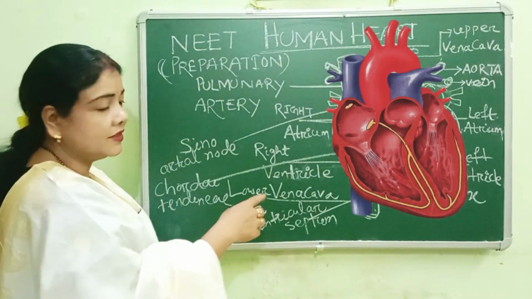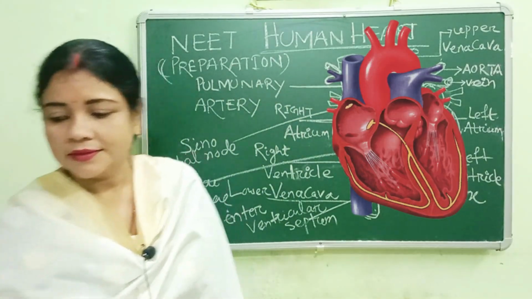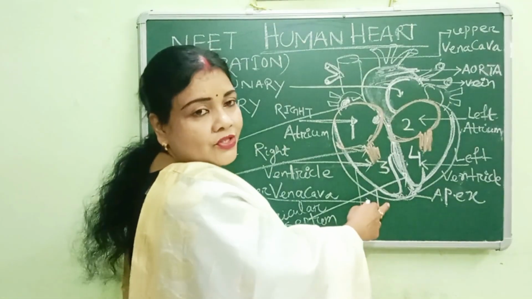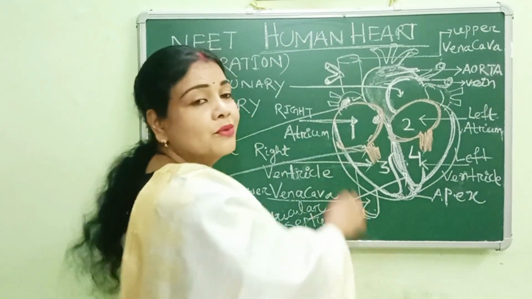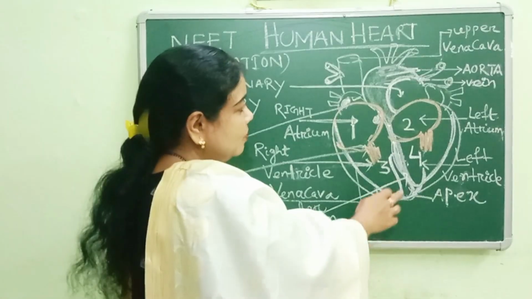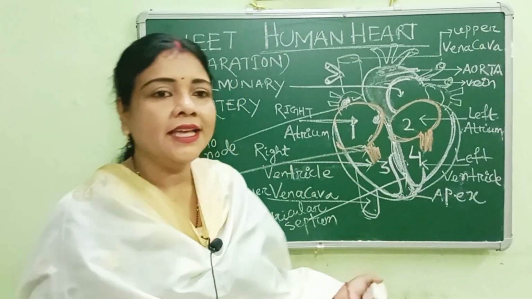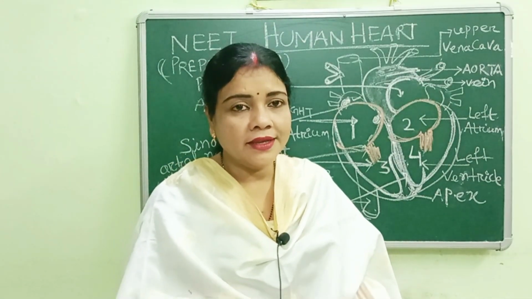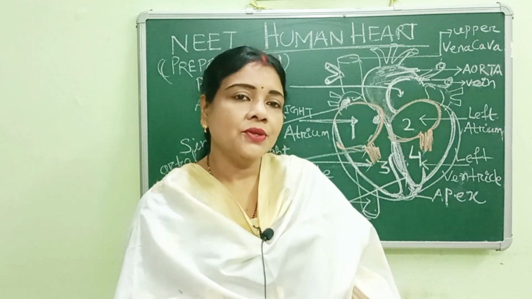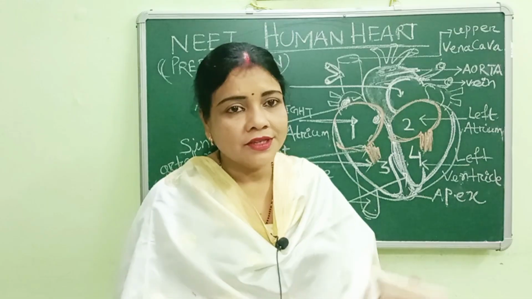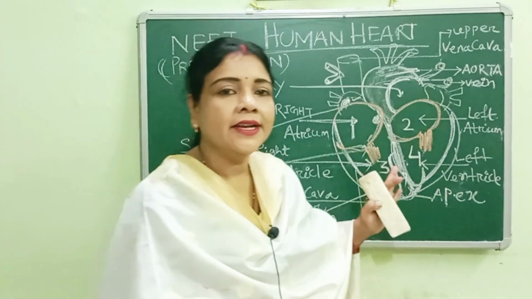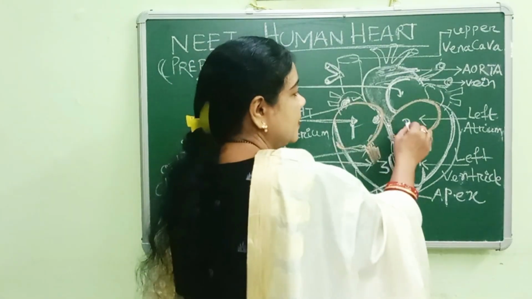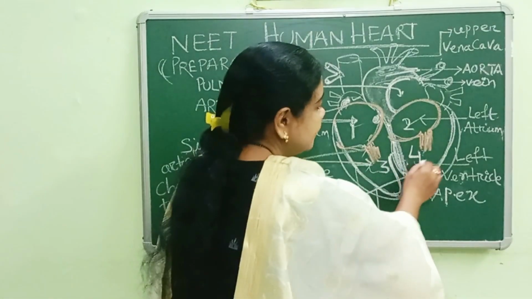Now the structure. The structure I have drawn here is the human heart. Just like your house is divided into many rooms, our heart is also divided into basically four chambers: upper chambers and lower chambers.